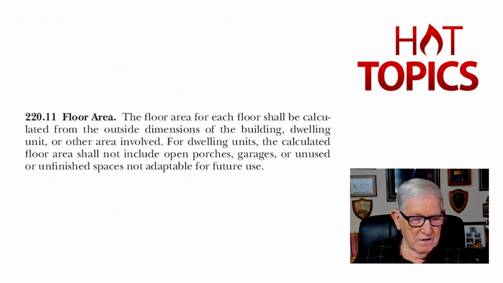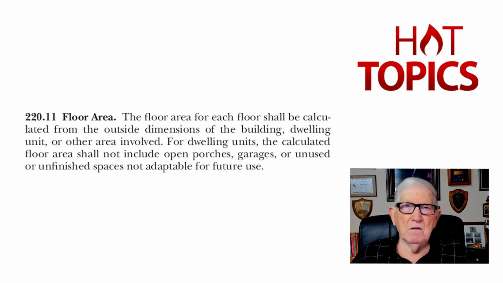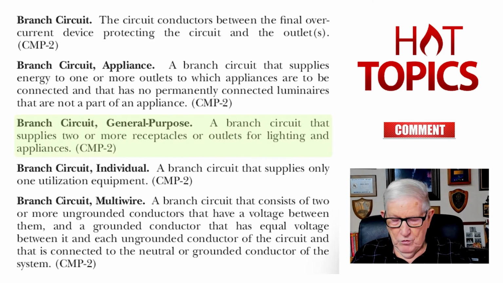In the next sentence, it says, for dwelling units, the calculated floor area shall not include open porches, garages, unused or unfinished spaces not adaptable for future use. So we pick up that we're going to use the square footage of the dwelling, basically.